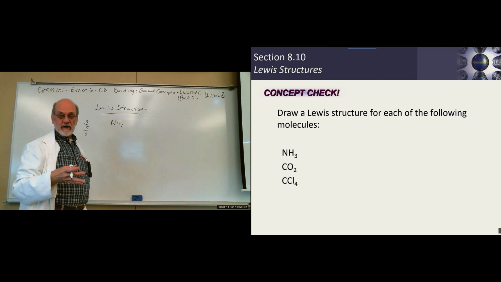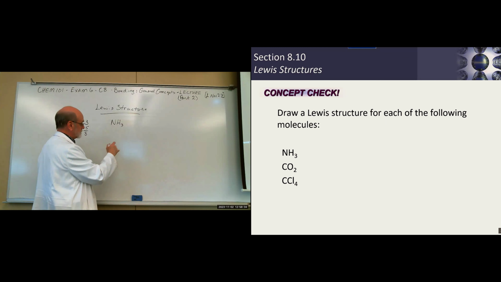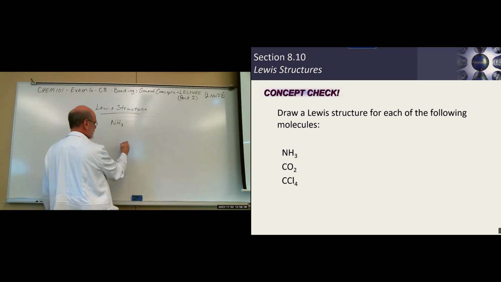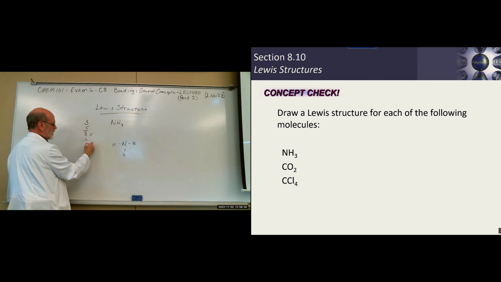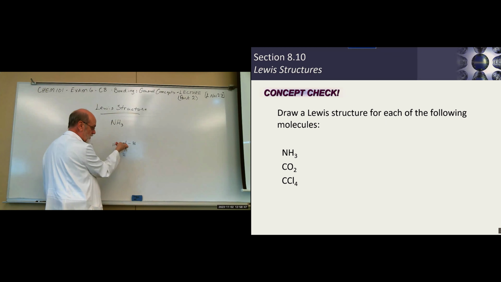Nitrogen has to be in the middle because hydrogen can never be in the middle. Right? So there we have hydrogen, hydrogen, hydrogen, 2, 4, 6. All right, so now we have 2 electrons that have to be positioned, so we got to put them on the central atom. Right. So there's your Lewis dot structure for ammonia. Duet, duet, duet, 2, 4, 6, 8 octet for nitrogen.